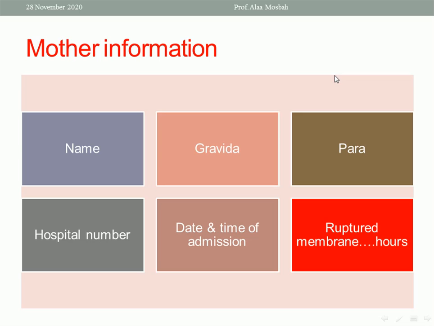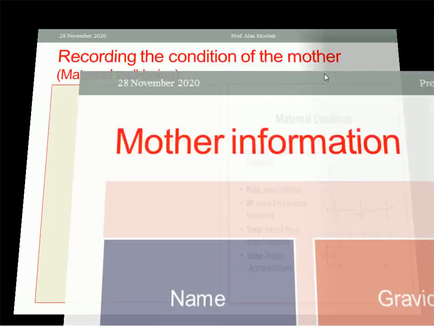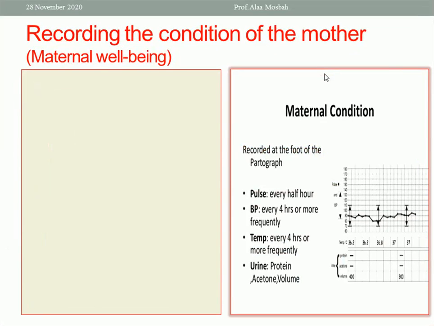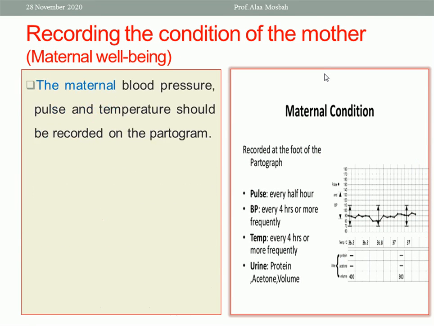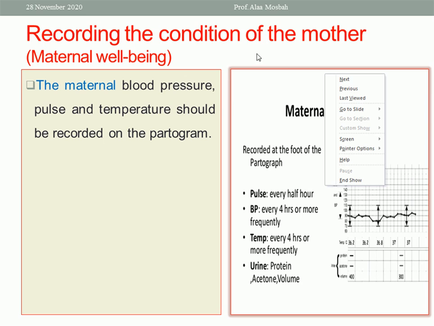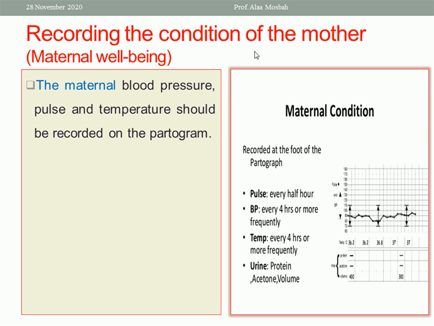First, we said mother information: name, gravidity, parity, hospital number, date and the time of admission, and the time of rupture of membranes. Okay, so let us continue with the recording of the maternal well-being.